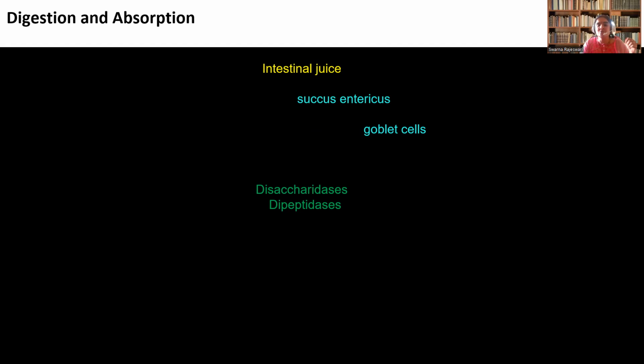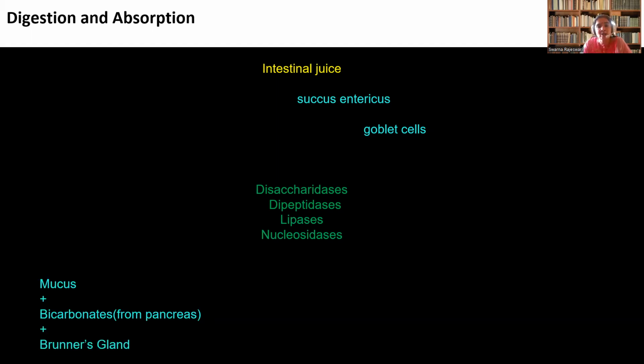The intestinal juice contains disaccharidases as well as dipeptidases, lipases, and nucleosidases, all of which are helpful for the further reactions of digestion that happen in the small intestine. Along with that, it also contains mucus as well as bicarbonates, which are also released from the pancreas.